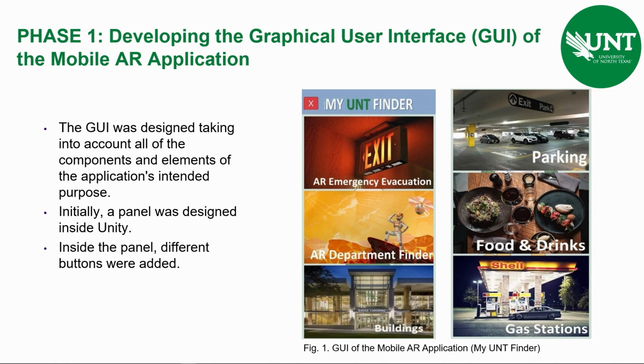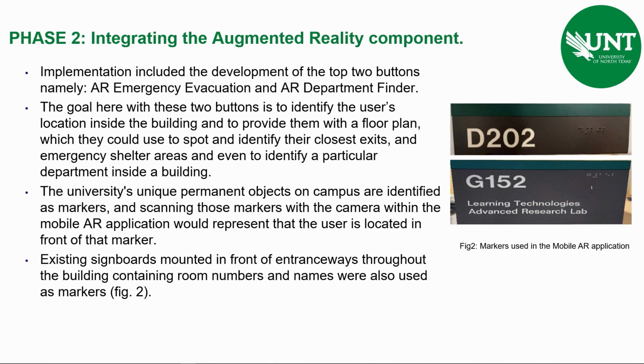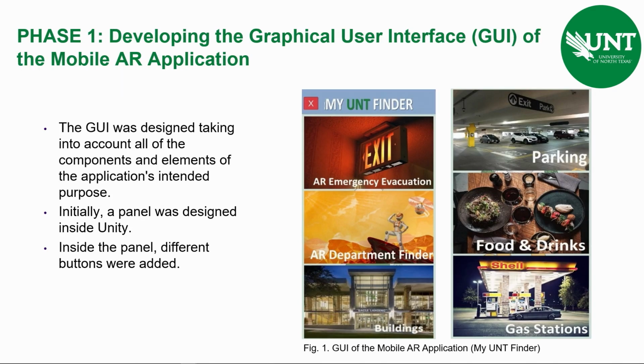The top 2 buttons point towards the augmented reality emergency evacuation, which will open up the camera, and then you can use it to move around on campus, and it will show you the evacuation plan in 3D. It will show you where you are, and it will have different layers where you can select different options, which would be more easily viewable in the demo coming later on.